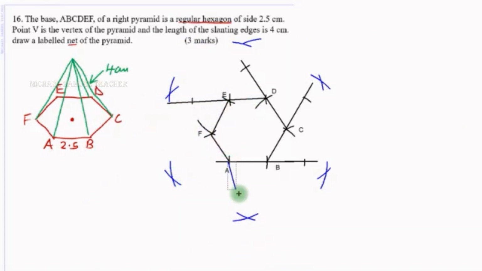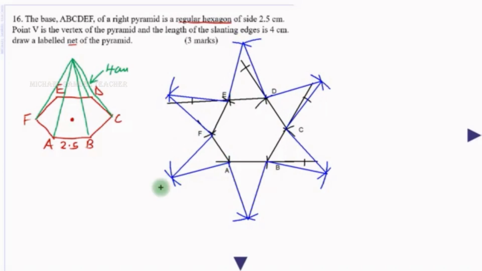Fine. Now we join all the points to the vertex in that manner, and then we have obtained the net of the pyramid. So those are the vertex, and the slant edge is 4 cm, and the side of the hexagonal face is 2.5.